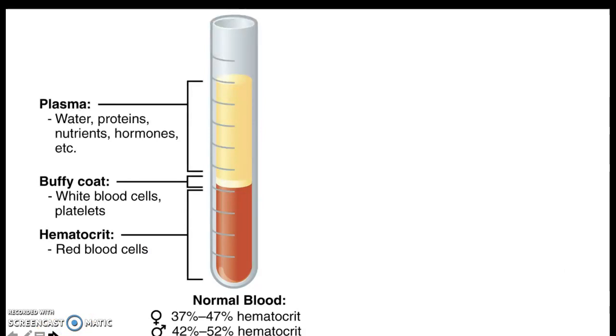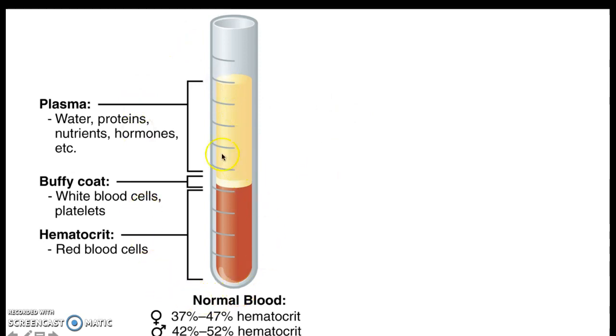Now this image, which I took from the OpenStax textbook, shows you in a cartoony way a tube of blood. Maybe this would be a tube of blood drawn during a regular doctor's visit for some diagnostic purpose. In this particular tube, they've centrifuged it, so the heaviest elements go to the bottom.